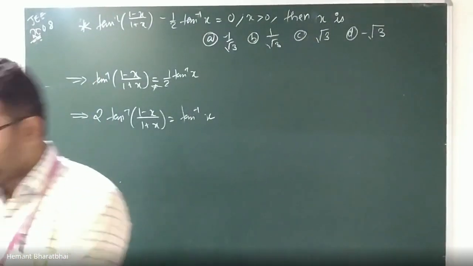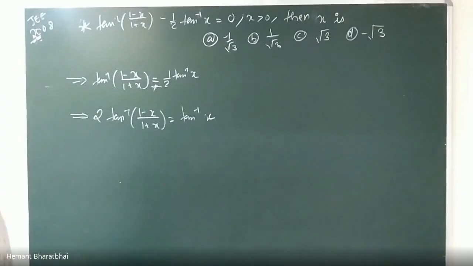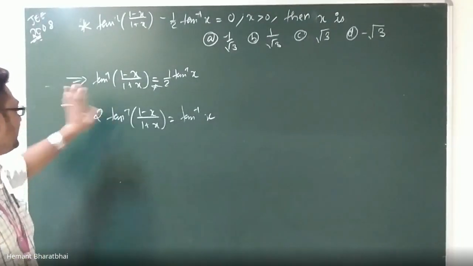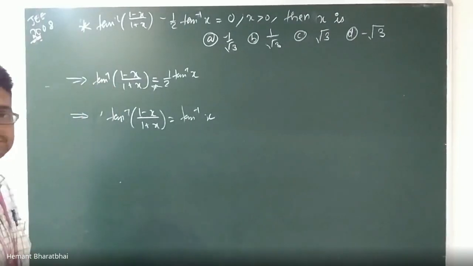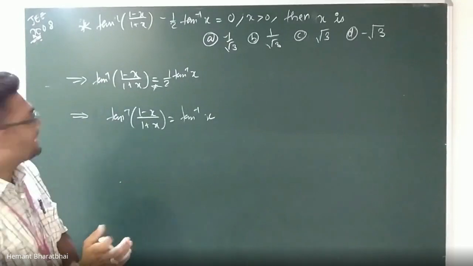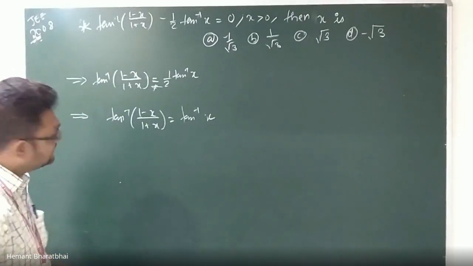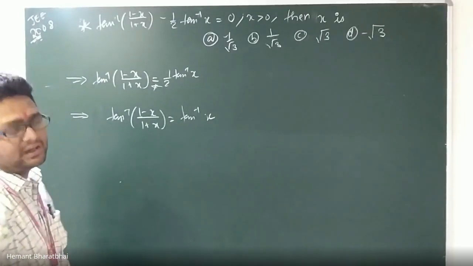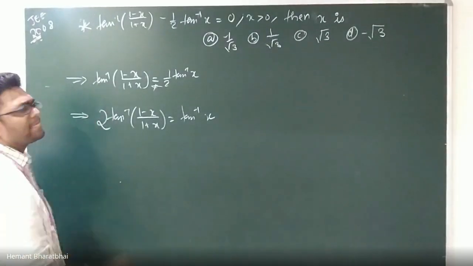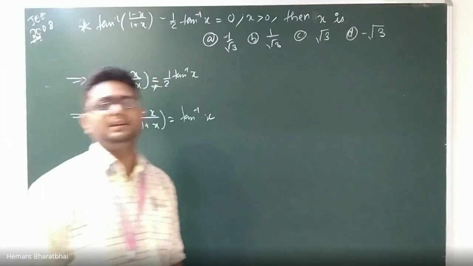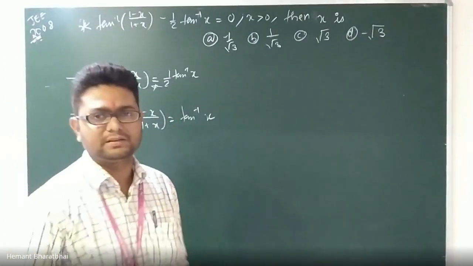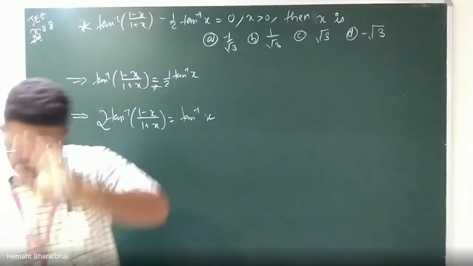Now can I solve it? If I didn't have the 2 over here, then I could have easily cancelled out tan inverse and solved it. But I have the 2 over here, therefore I cannot cancel out tan inverse.